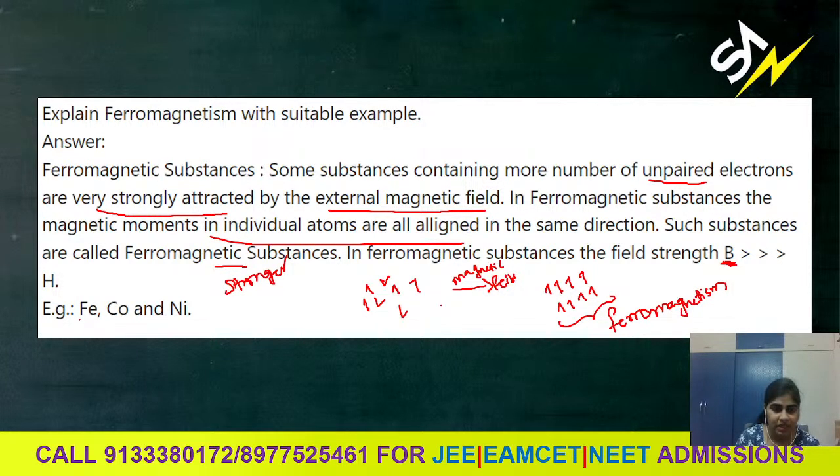You can see such ferromagnetism in iron, cobalt and nickel. These substances can be converted into strong magnets in the presence of an external magnetic field. So this is the answer for this question.